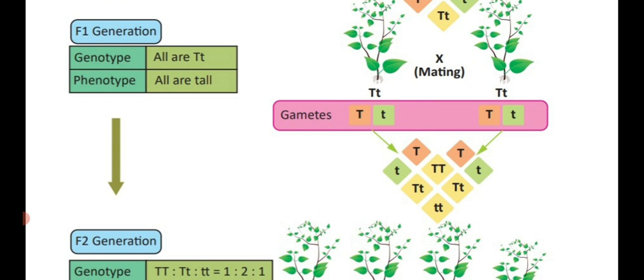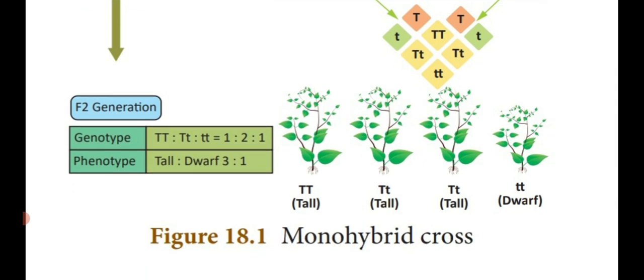See that one, capital TT, capital T with a small t 2, then small tt is the 1. So the phenotypic ratio is the external appearance. 3 tall plant, see the figure, 3 tall plant, so 3. 1 dwarf plant, 1. So the phenotypic ratio is 3 tall and 1 dwarf plant.